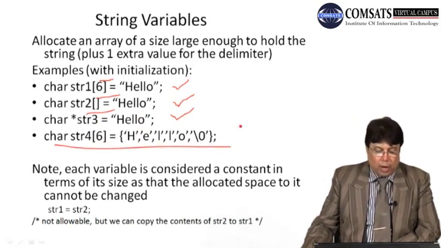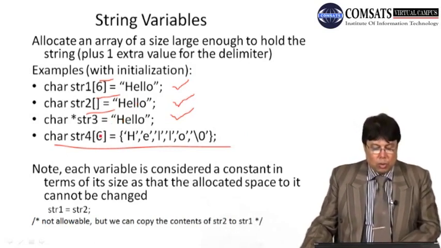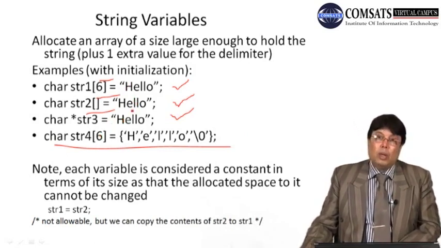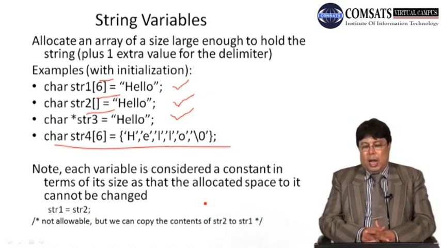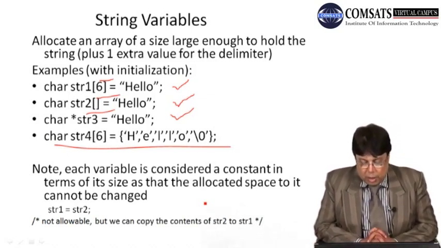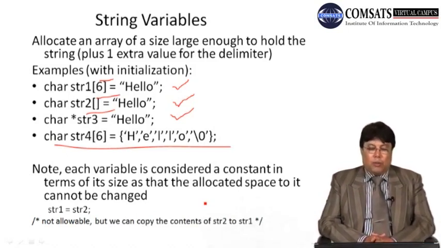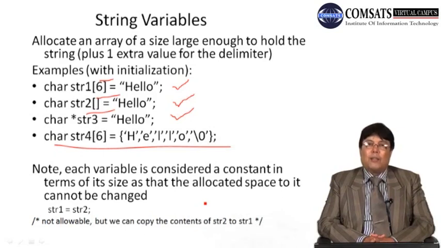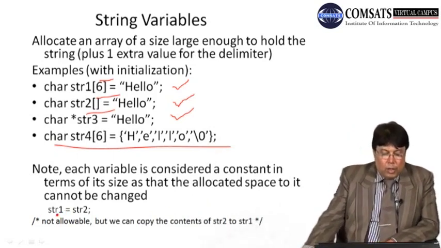And now we have defined 4 strings: string 1, string 2, string 3 and string 4. Although they all contain the similar data, each variable is considered a constant in terms of its size, क्योंकि सबका size जो है वो 5 characters and 1 terminating character. Now can we do that?